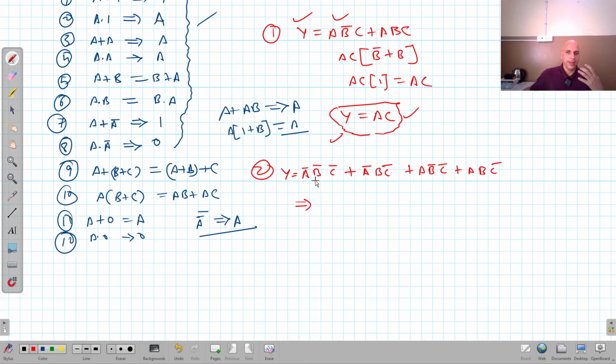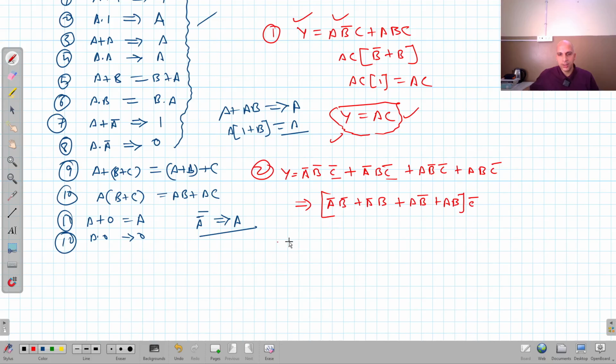It needs at least 4 AND gates plus an OR gate, right? But let's try to simplify it. So C bar is common in all 4 terms, so it gives me A bar B bar plus A bar B plus A B bar plus A B, into C bar.